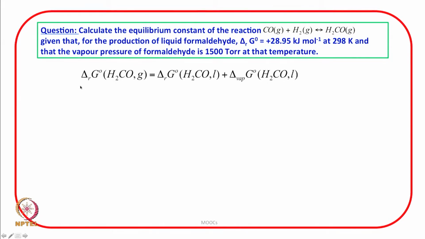Once again, the standard Gibbs energy change for the formation of gaseous formaldehyde will be equal to the standard Gibbs energy of reaction corresponding to the liquid formaldehyde plus the corresponding standard Gibbs energy change for the vaporization.